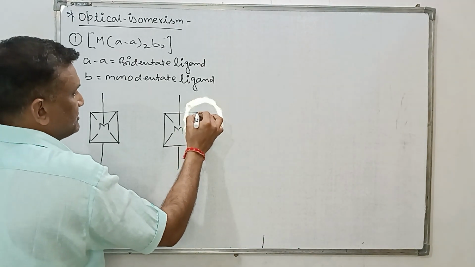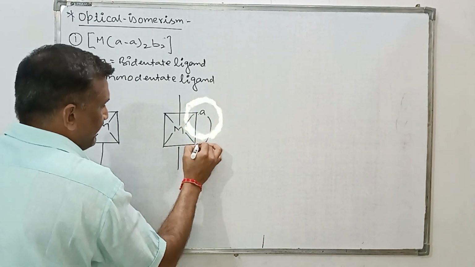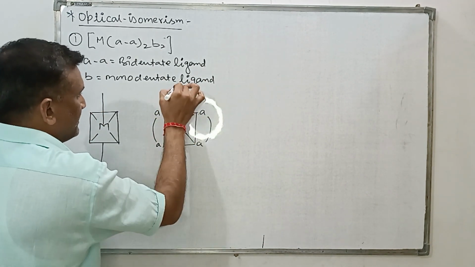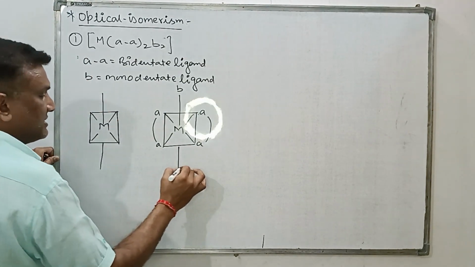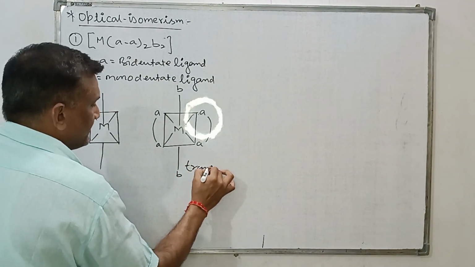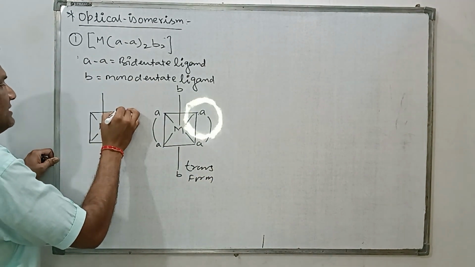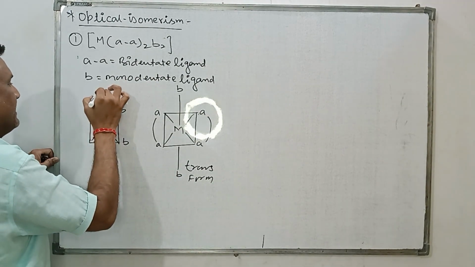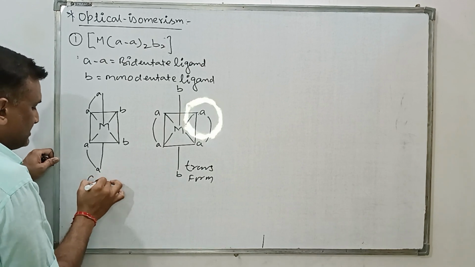A-A is the bidentate ligand, and this is B. If we go with the cis form, this is B and B, and this is A-A. This is the cis form.